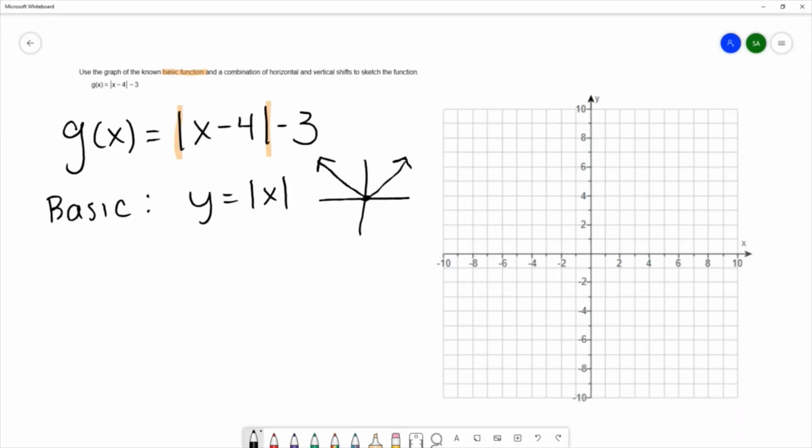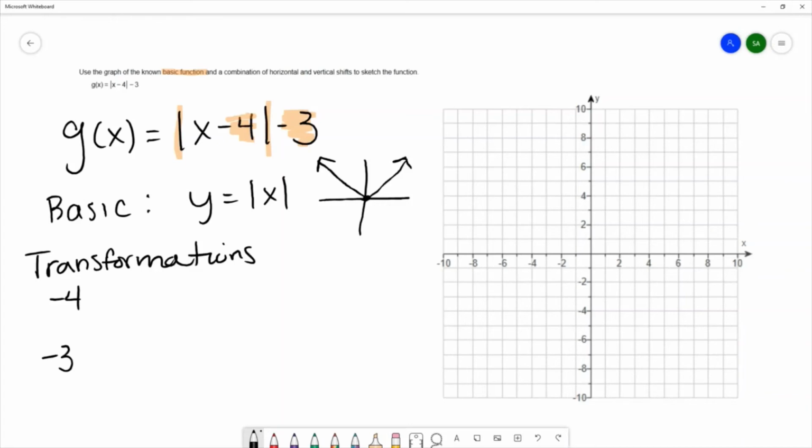And then we can see some differences between the basic function and our function g of x. These are the transformations. We have a -4 and a -3. So our transformations consist of -4 and -3.